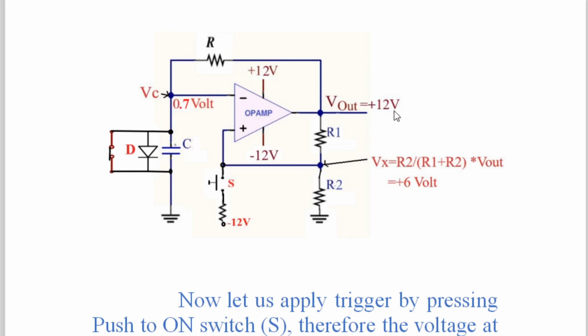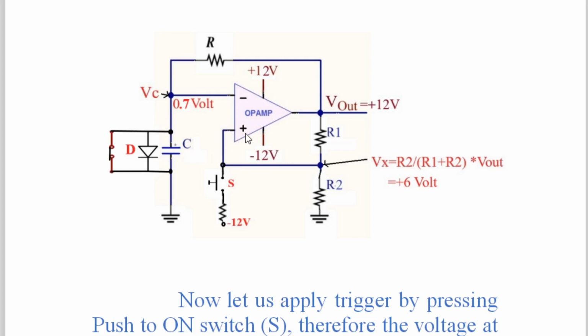Now one more condition supporting why this is plus 12 volt. As soon as the output goes to 12 volt, R1 and R2 are the same. Here we have written plus 6 volt because if R1 and R2 are the same, this potential divider circuit's input voltage is 12 volt, so this voltage is 6 volt. Now come to this point, this is 6 volt.